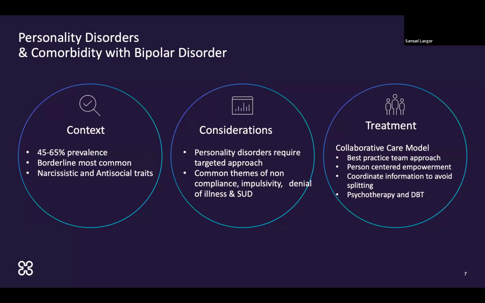In terms of today, what I thought we should emphasize is, first of all, that it is difficult in some ways to diagnose comorbid personality disorders with bipolar disorder. It's certainly something that one can suspect and then utilize various screening instruments, which can help make the diagnosis and then come up with more of an integrated collaborative treatment plan.